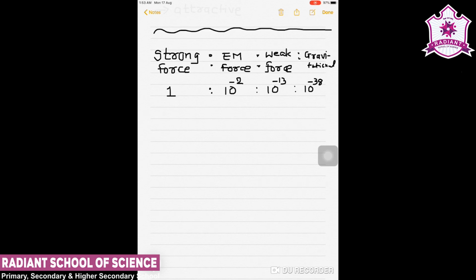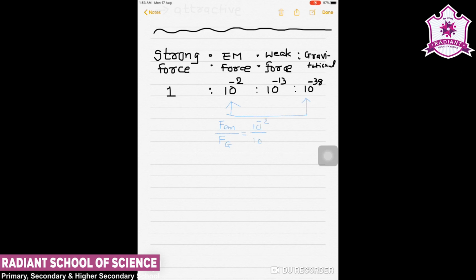We can compare one to one also. That means if we compare these two forces, we can say that force of EM upon force of gravity is comparable in this manner.